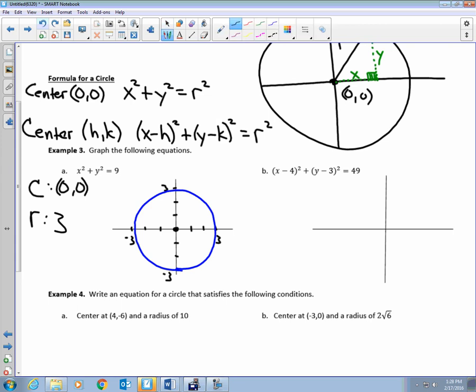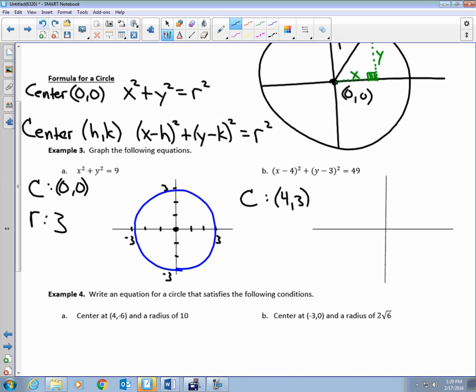Now, we need to be very careful for the second one. Notice that x minus h produces a center of h, and y minus k produces a center of k. So what do you think the center is for this? It is 4, 3.